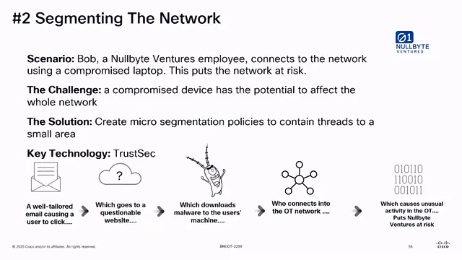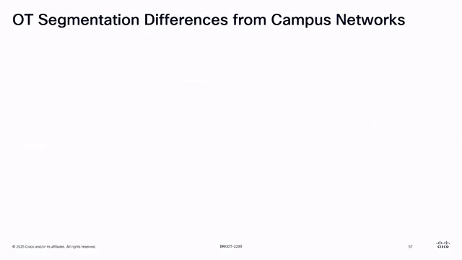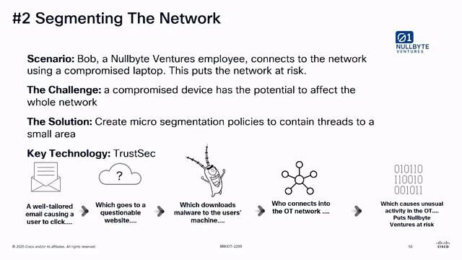So the second challenge is, let's talk about segmentation. Sorry. We have an employee in this company, in this scenario, who has a laptop and just opened the wrong email and can download malware onto his laptop.